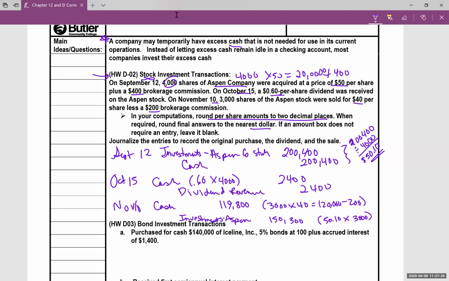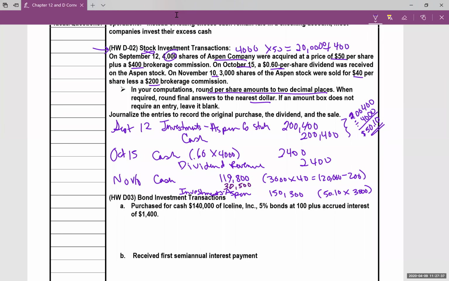The difference between these two numbers is going to have to be a debit. Let me change my pen color here so we can see it. $30,500. And the account that goes with that is loss on sale of investment.